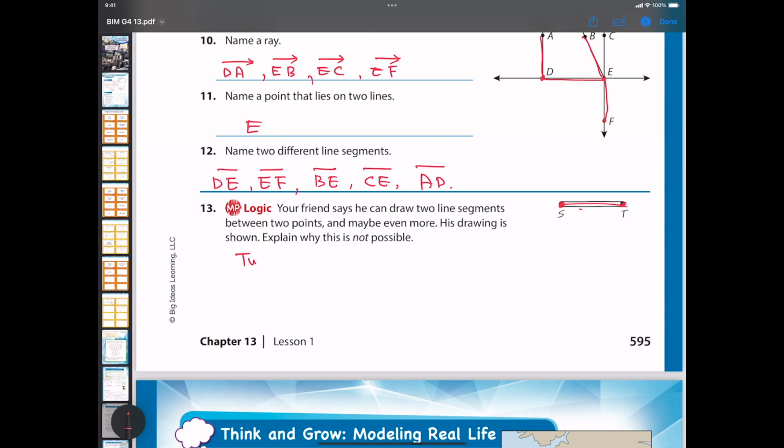So I can say 2 points define one and only one line segment. So you cannot make more than 1 with these 2 points. If there are 2 points, you can make only one line segment.